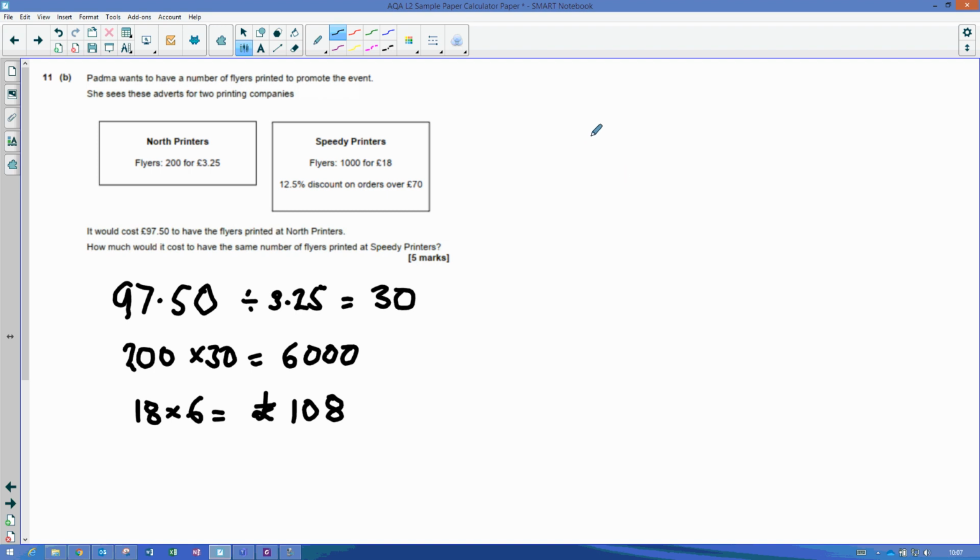There's a couple of different ways to do this. A lot of students will find 12.5% of 108, and that will give them an answer. Again, typing it into my calculator, I get £13.50.